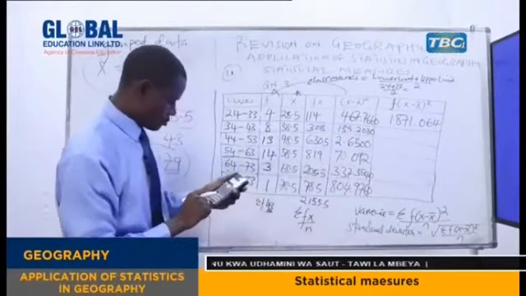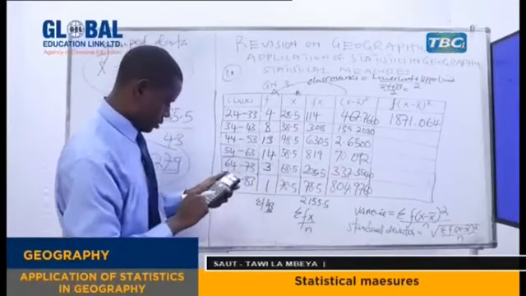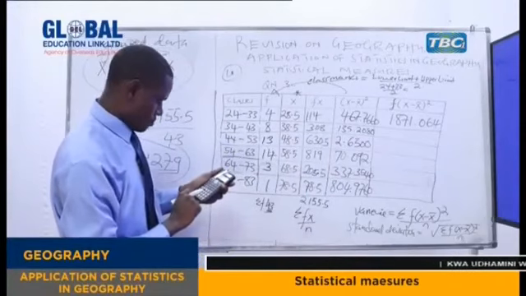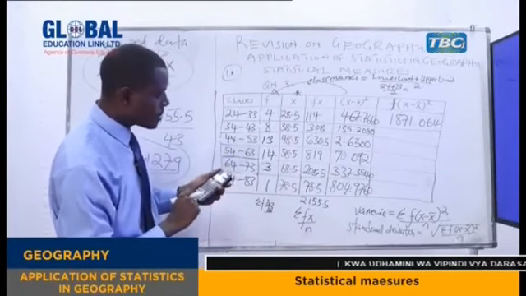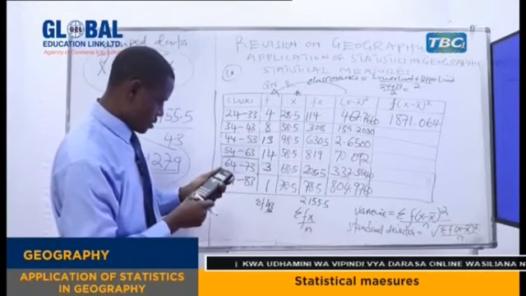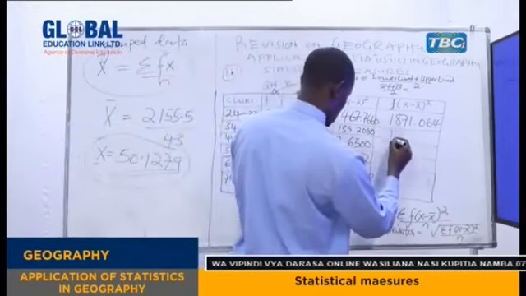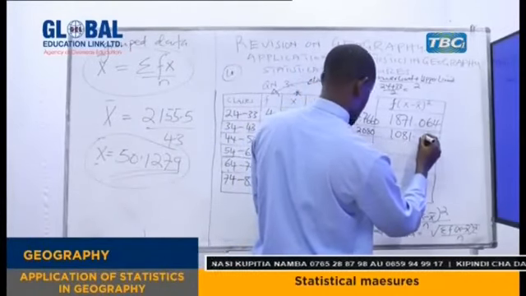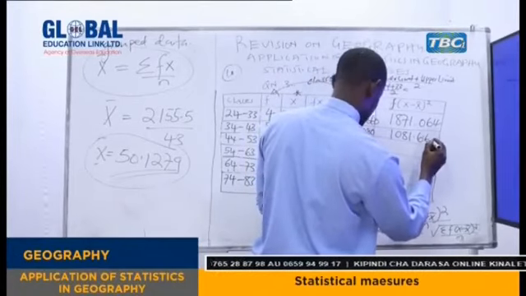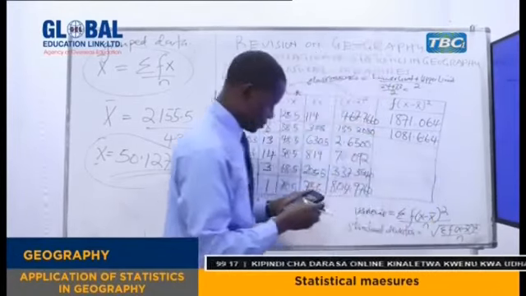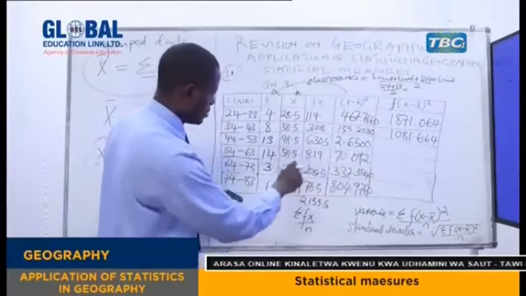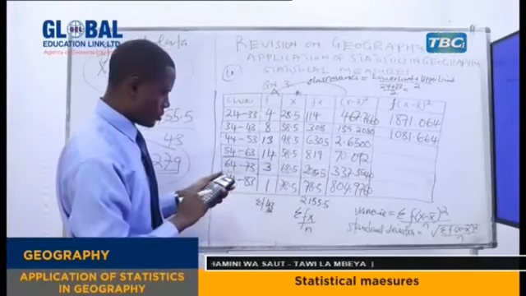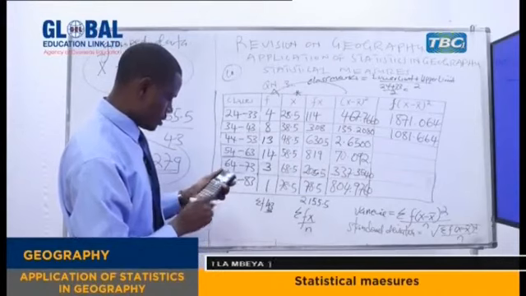That one will be 8 times that one, 135.208. Then we come up with 1081.664. Then we go for the next one, that is 13 times 2.6500.